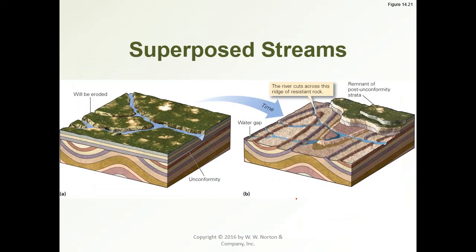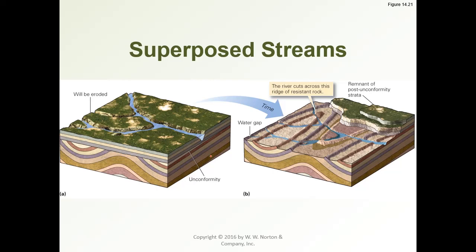The other type of stream we can have is what's known as a superimposed stream. So this was a stream that had already established its path, and it's starting to downcut into the material that's already there.